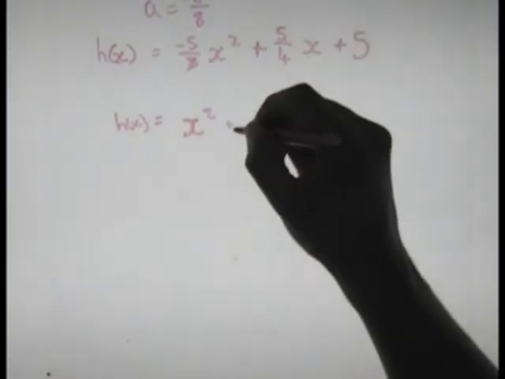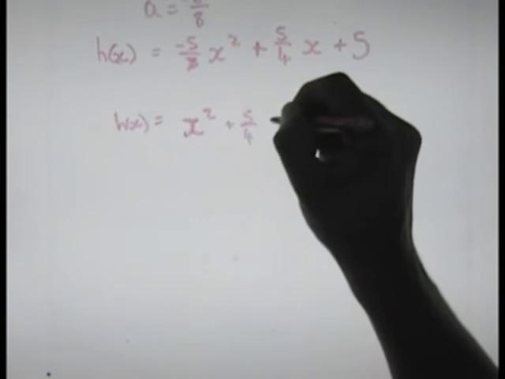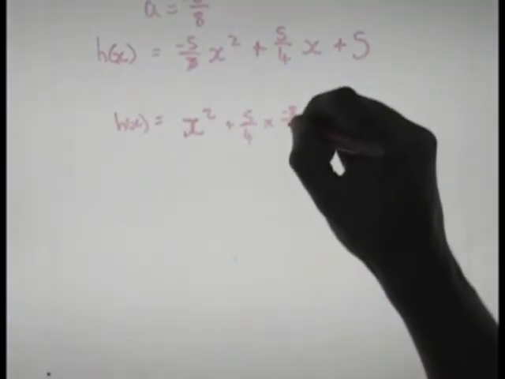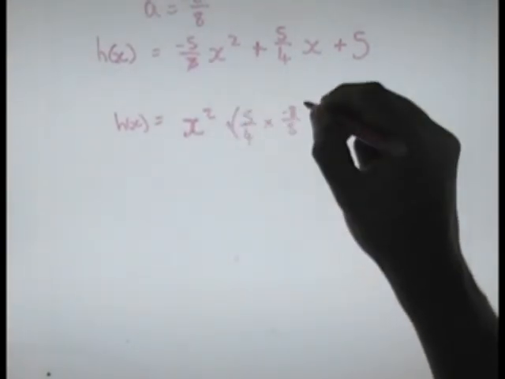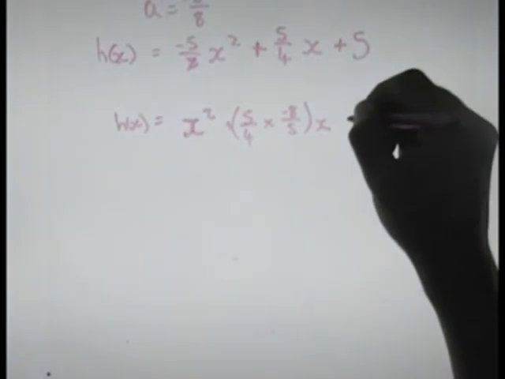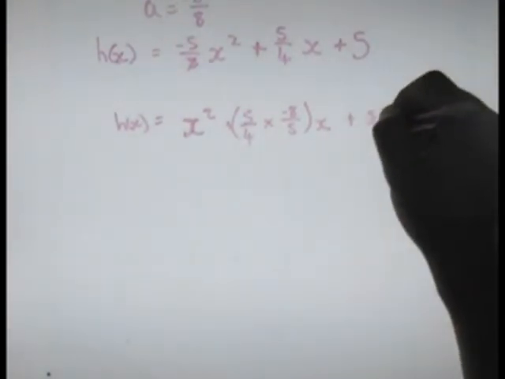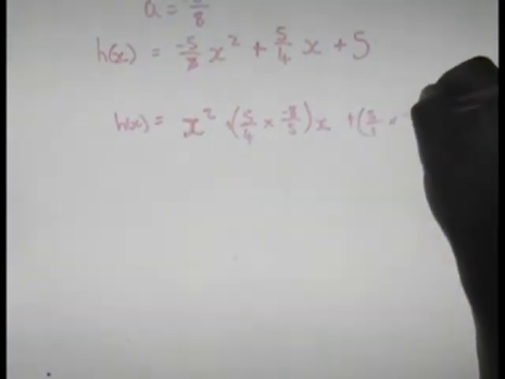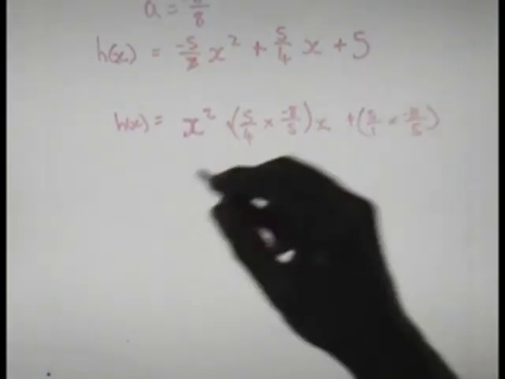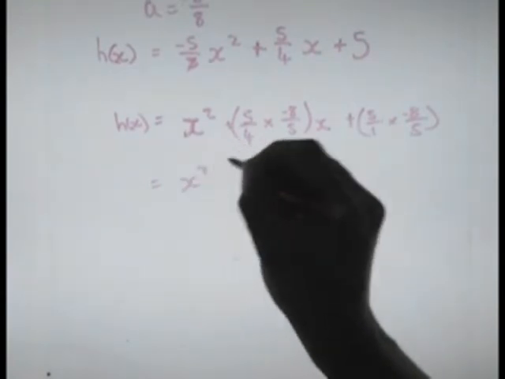So that will be plus 5 over 4 multiplied by negative 8 over 5 x, this is going to give me x squared.